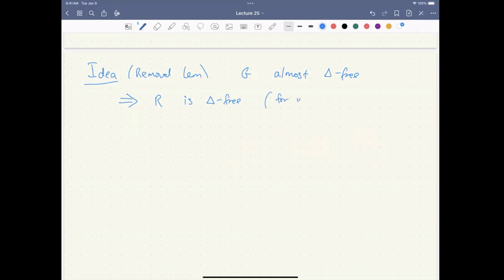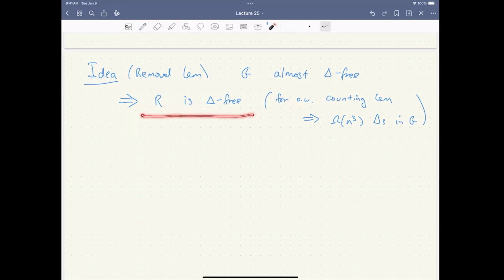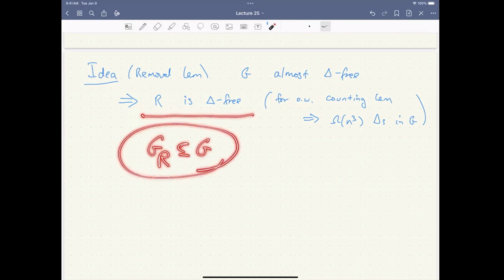Or otherwise, the counting lemma implies there are a positive fraction of triangles in G, which is a contradiction to G being almost triangle free. Good. Now if R is triangle free, we are done. GR, this cleaning process we just explained, deletes little o of n squared edges, then GR must be triangle free.